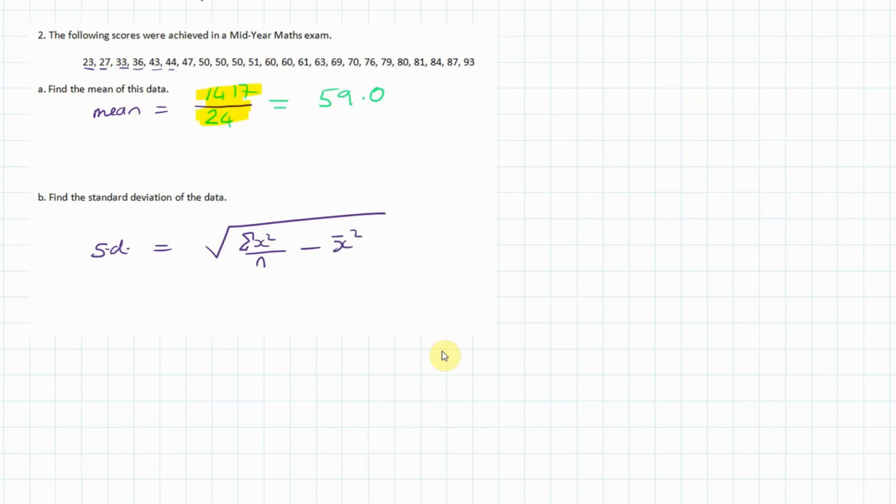Oh, I've run out of room. I'll just add those ones up first. Just keep an eye on your calculator. 61 I got up to.